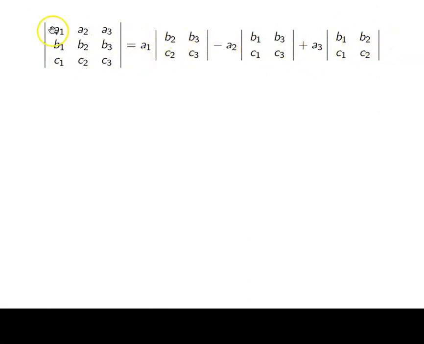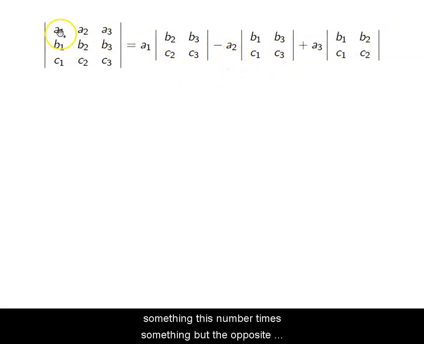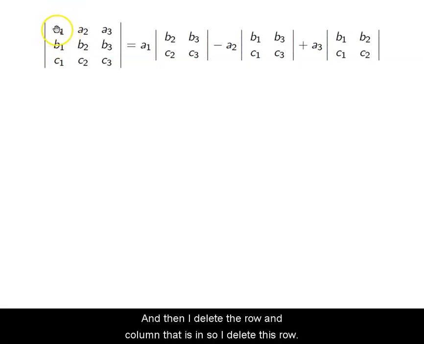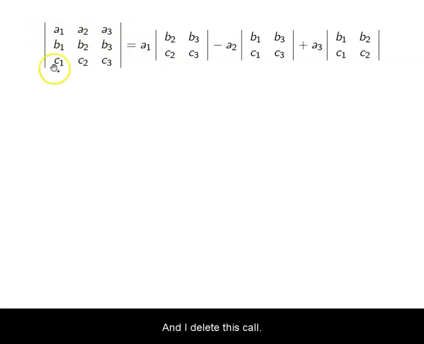So again, A1, A2, A3. I'm doing this number times something, this number times something, this number times something. If I look at my matrix and take the number in the first row, first column, and then delete the row and column it's in, notice what's left: B2, C2, B3, C3.